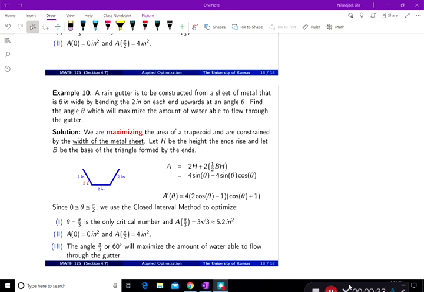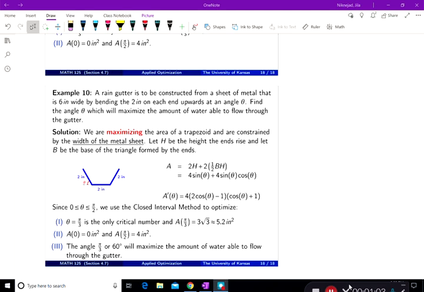And so when we're talking about maximizing the water going through the gutter, it depends on the area of the cross section of the gutter, right? The area of the cross section tells you how big the water flow can be, and that area is again the area of a trapezoid.